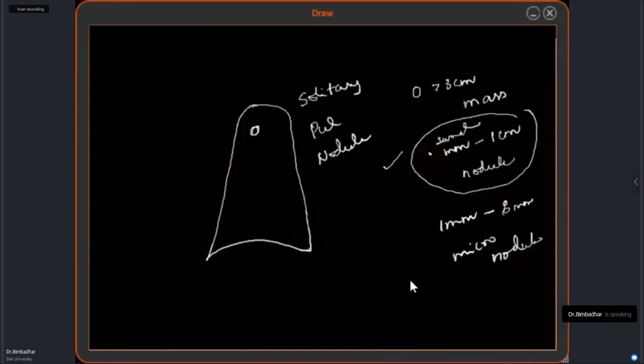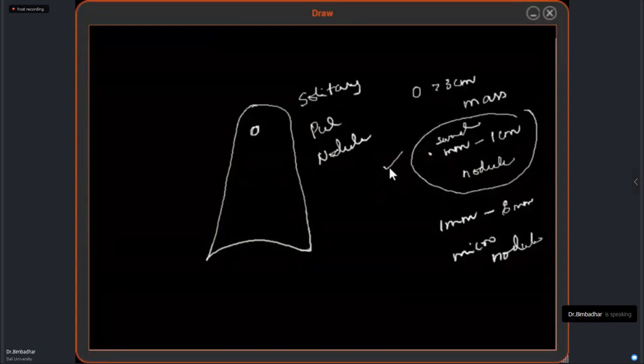It's just a single opacity, which is several mm to almost 1.5 centimeters. Such a thing is called a solitary pulmonary nodule. Remember the definition: any kind of opacity of size from several mm to 1.5 centimeters and less than 3 centimeters, occurring as a single lesion in the lungs, is called a solitary pulmonary nodule, right?